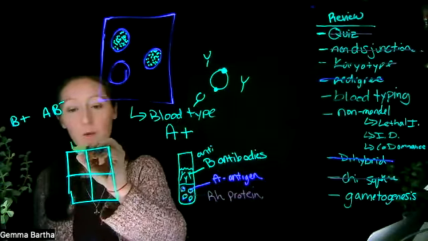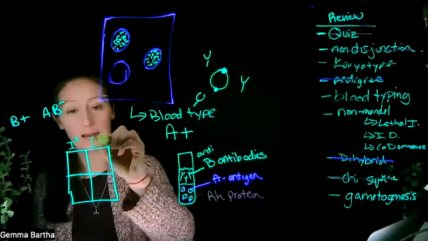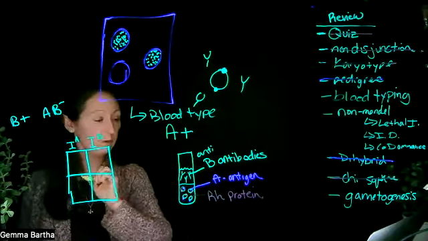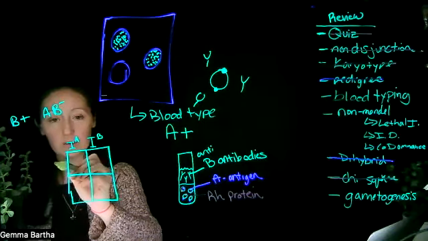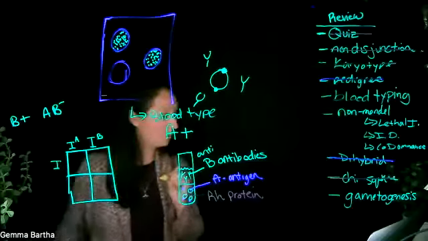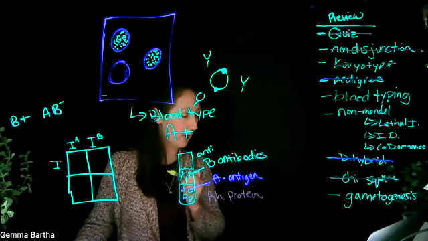And so you would do IA, IB. Okay. And then as far as this one here, you told me B positive. Are we a solid B or are we a B with an O carrier?